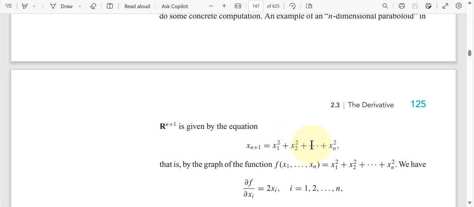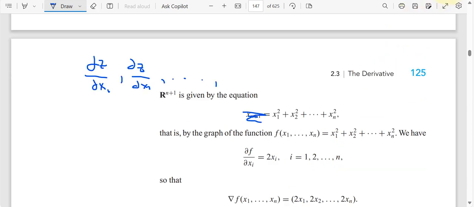So we have a function of these n variables, and then we have an output variable, which they're just denoting by x sub n plus 1. We might call it y, or we might have called it z, but here they're just calling it x sub n plus 1. But just so you don't get confused, it's like z equals x1 squared plus x2 squared, and so on. So we have n different input variables.